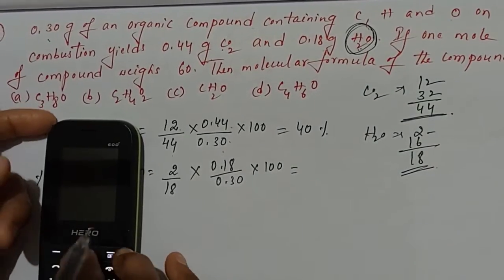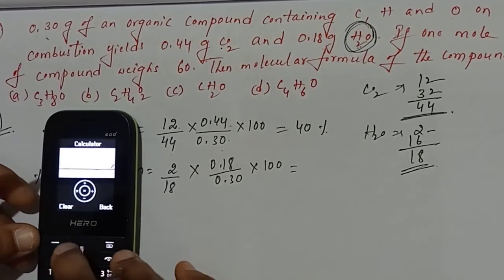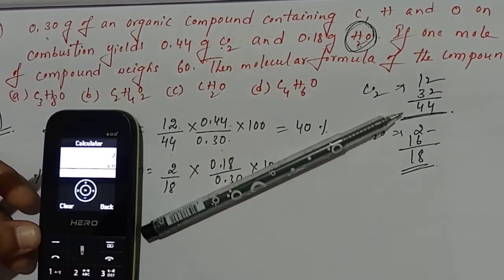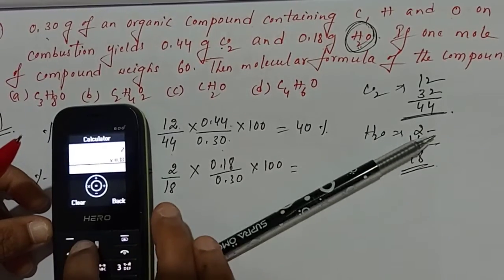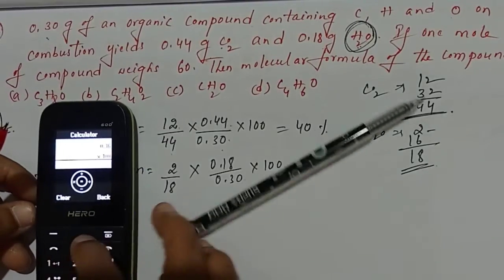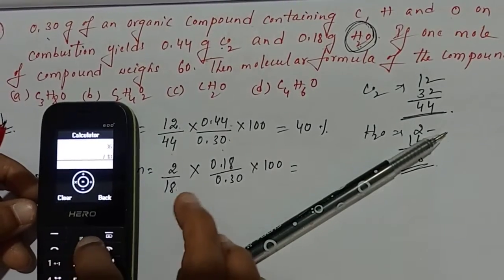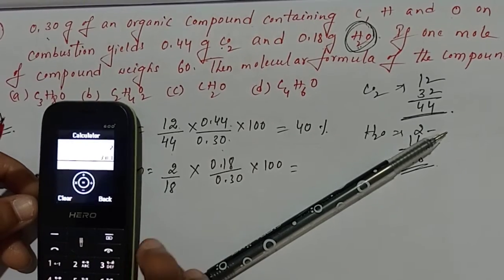Then how much do you get, students? 2 divided by 18 into 0.18 into 100, divided by 0.30.